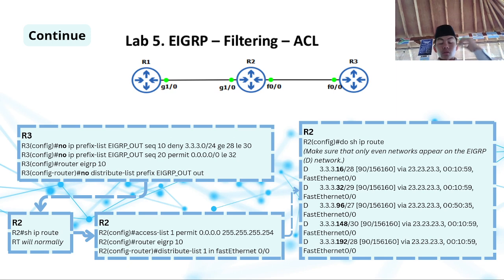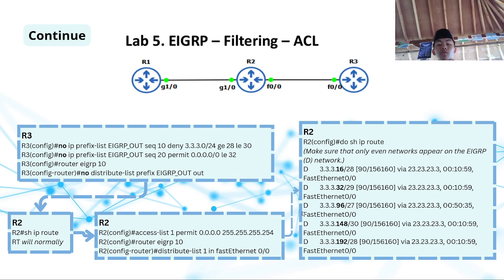And in lab 5, access list filtering, we filtered routes inbound on router 2 using an access list so that only even numbered networks were accepted. Both methods achieve route filtering in EIGRP, but prefix lists are more powerful while access lists are simpler.